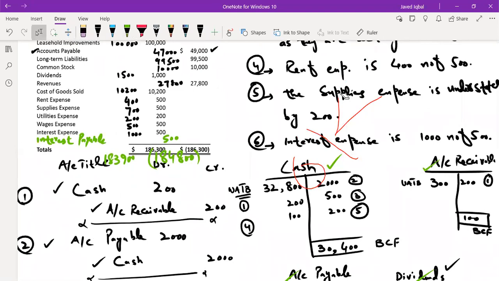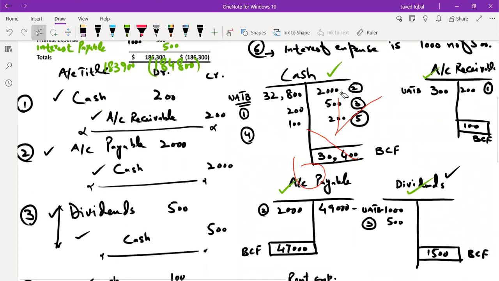Let's see. 800 plus 300 to minus 2700. 30400, that's correct. Have we missed any head?